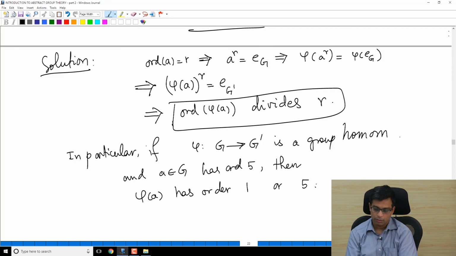It's an immediate consequence of the problem, because whatever the order of phi A is must divide 5, 5 being a prime number, it is either 1 or 5.